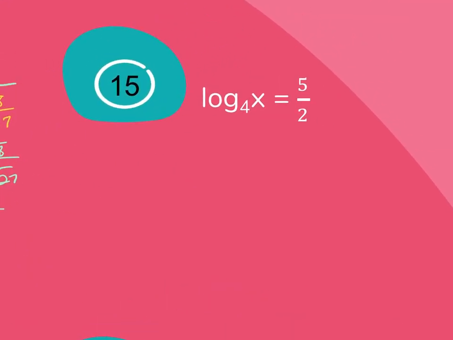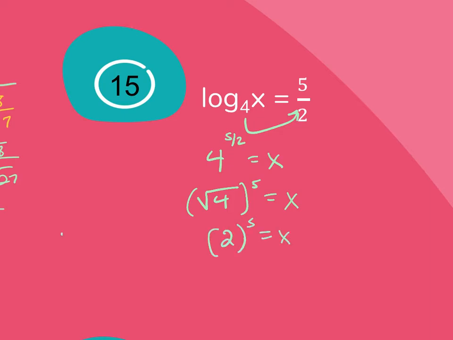All right, now look at 15. 4 to the 5 over 2. So 4 to the 5 halves equals x. How do I convert 5 halves? It's the square root of 4 raised to the 5th. What's the square root of 4? 2. 2 to the 5th. 2, 2, 2, 2, 2.